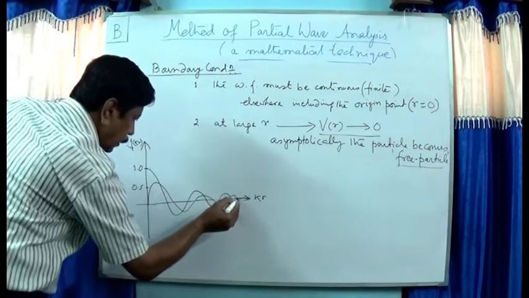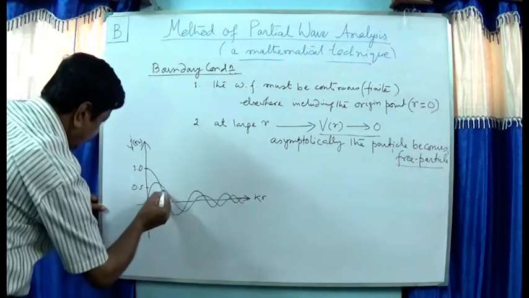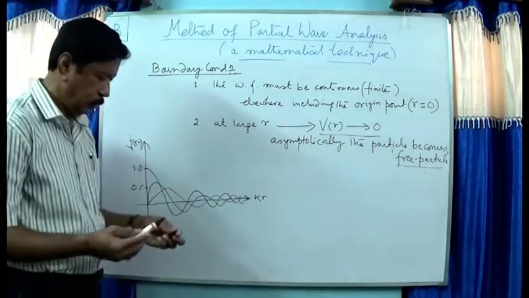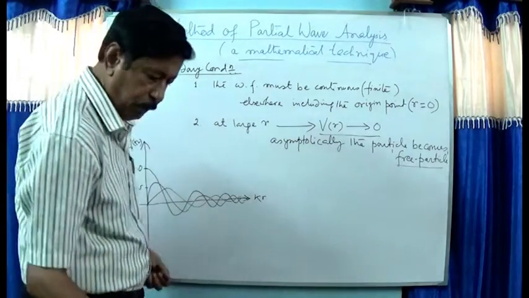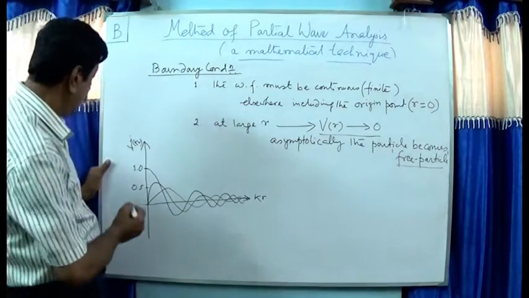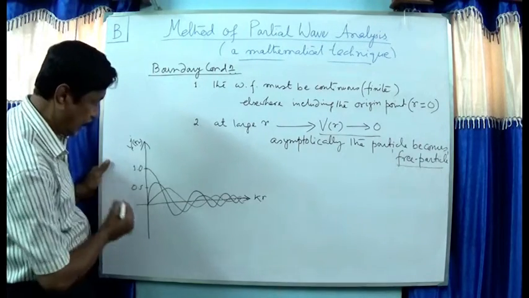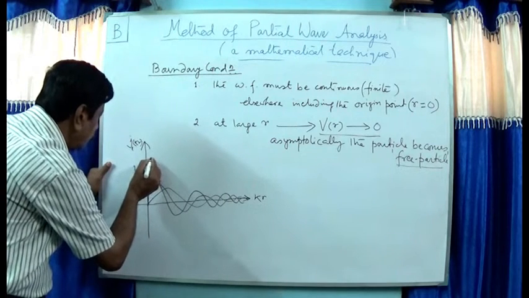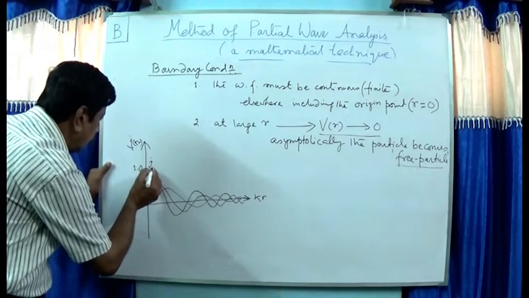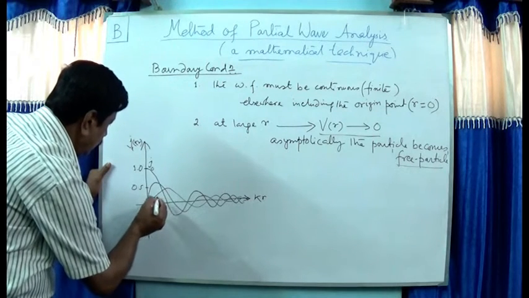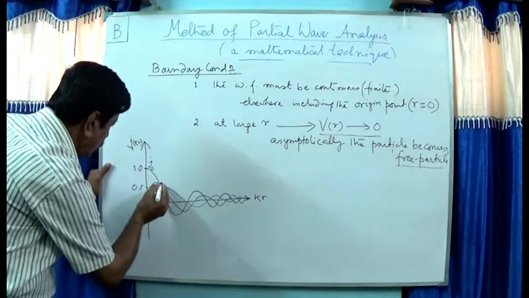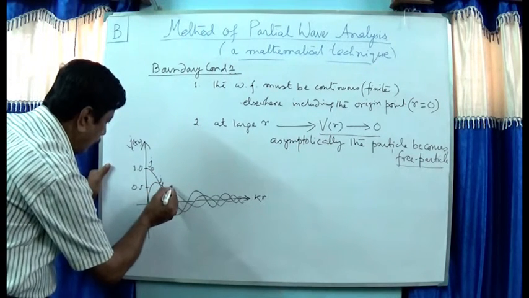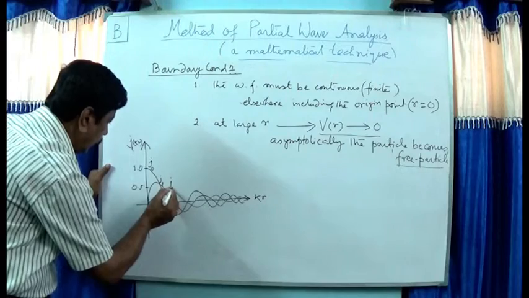This will be another J. In this way, we can draw our function J_L(KR). Now, this is your J0 corresponding to L value 0. This is your J1 corresponding to L value 1, and corresponding to L value 2, this is J2.